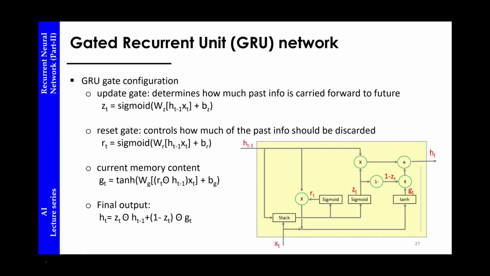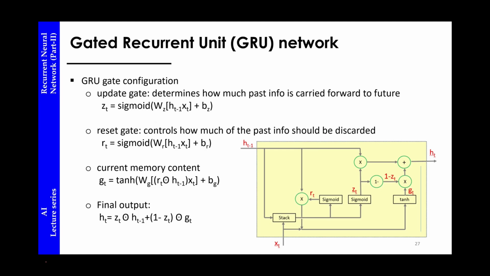The other variant of the LSTM is the Gated Recurrent Unit, the GRU network. In the GRU network, in fact, the input and forget gates are merged, and the cell state and hidden state are merged.